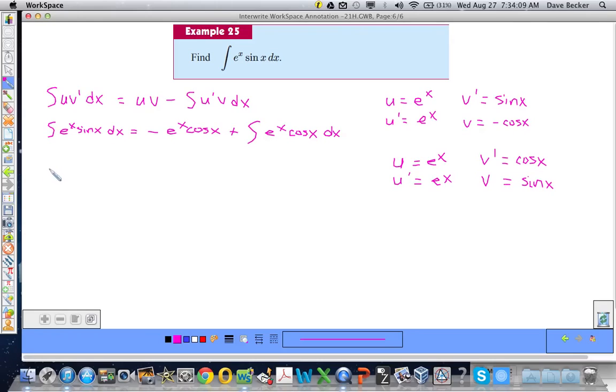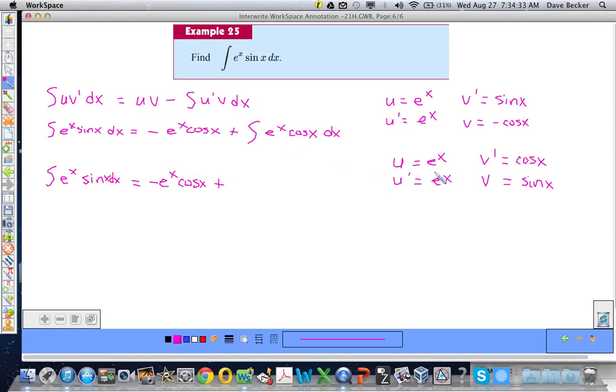So we have the integral of e to the x sine x dx is equal to negative e to the x cos x plus, let's see, I got to do uv again, right?